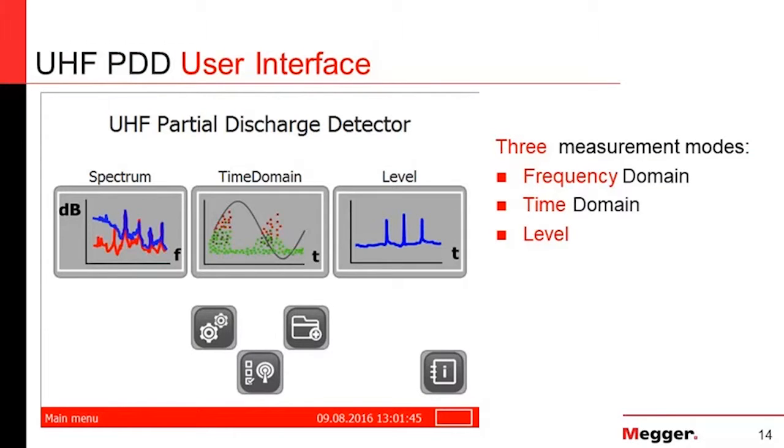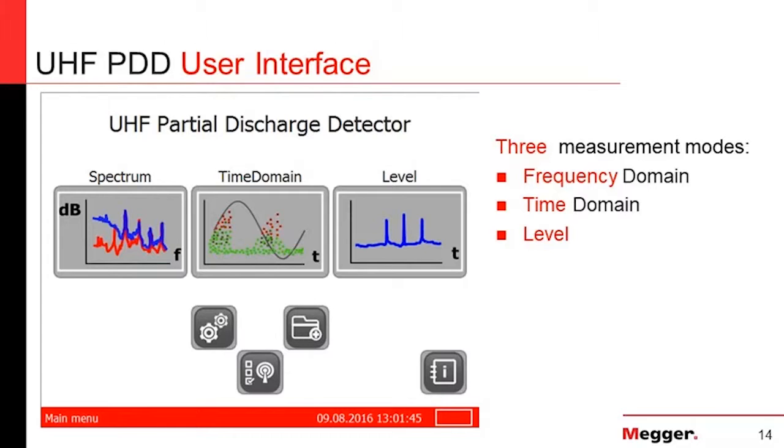In the second step, you get the frequencies of interest. By frequency of interest I mean suspected frequencies at which you might have PD. Then you select those suspected frequencies and go to time domain, which is pretty much phase resolved partial discharge.